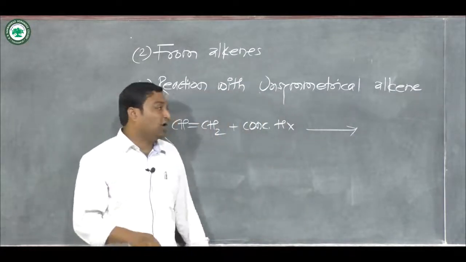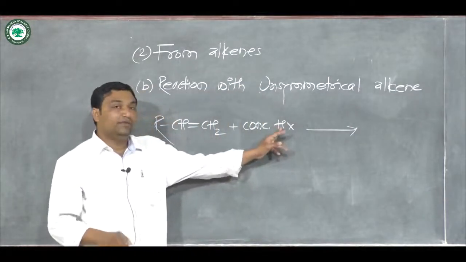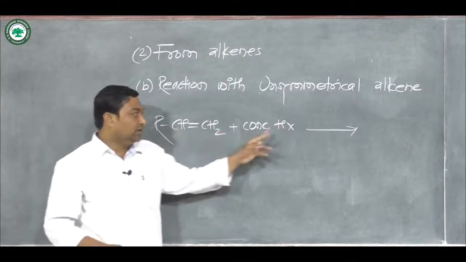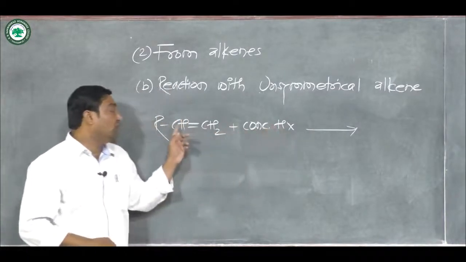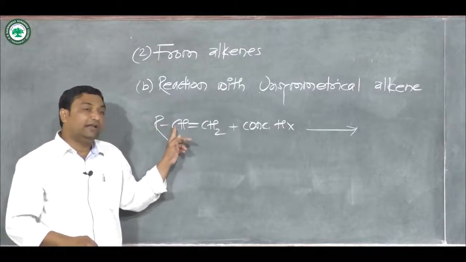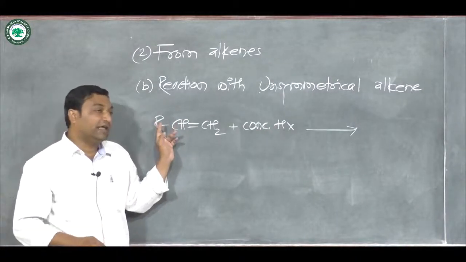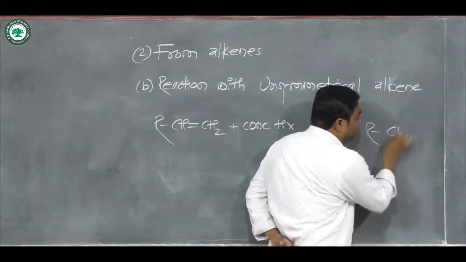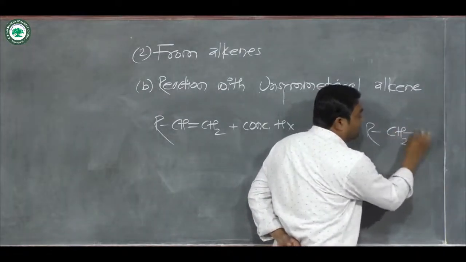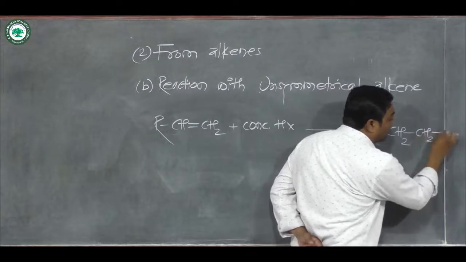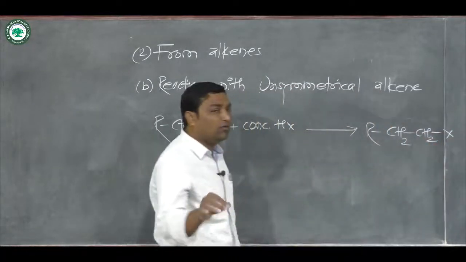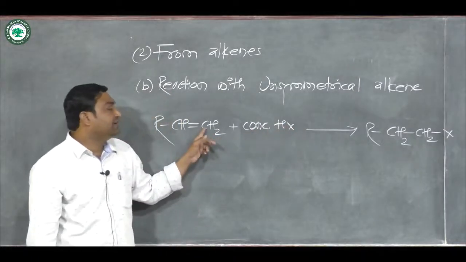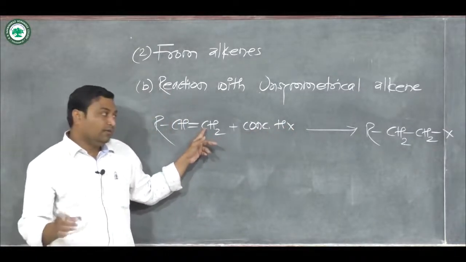In the first product, the hydrogen atom goes to the carbon atom to which the alkyl group is attached. Or we may say that the halogen atom goes to the terminal carbon atom.